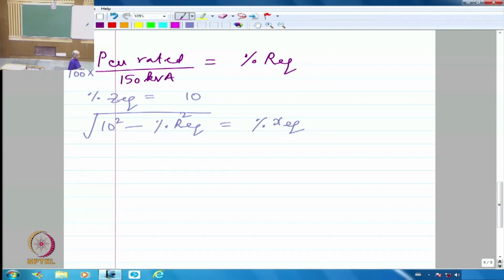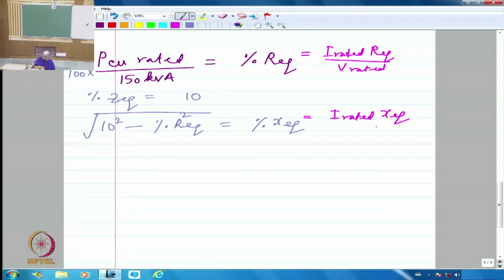Right? Please note that this is I rated R equivalent divided by V rated. Maybe I have taken everything from the primary side. This will be similarly I rated multiplied by X equivalent divided by V rated.